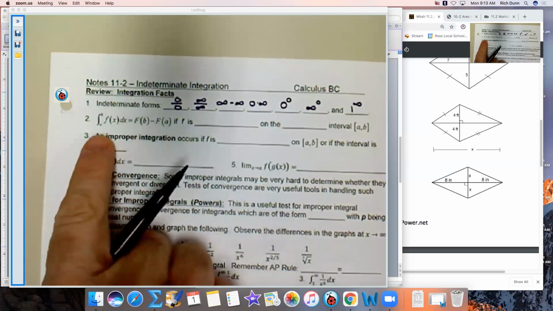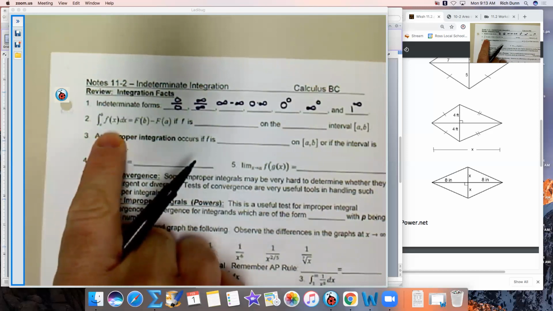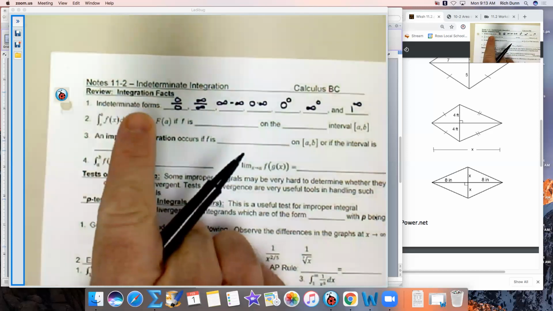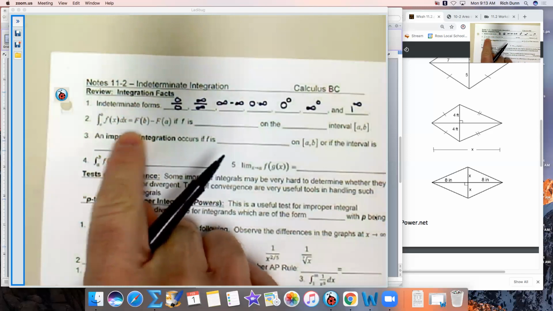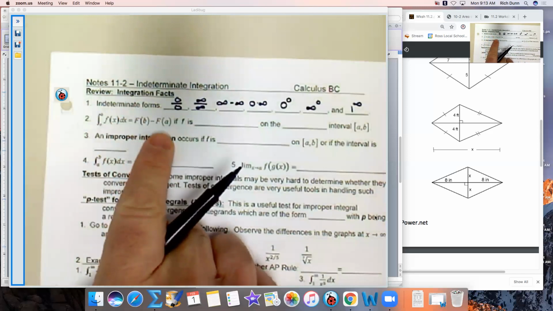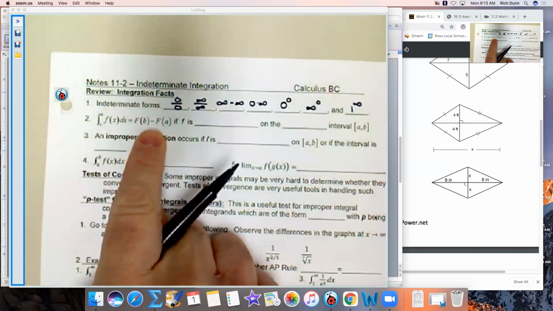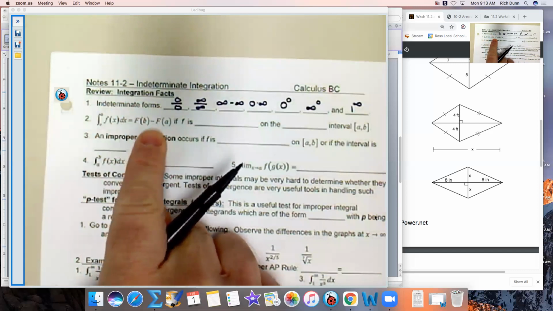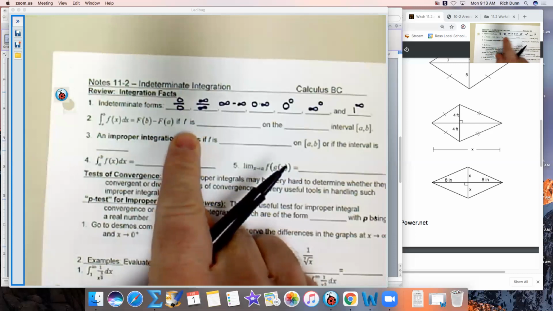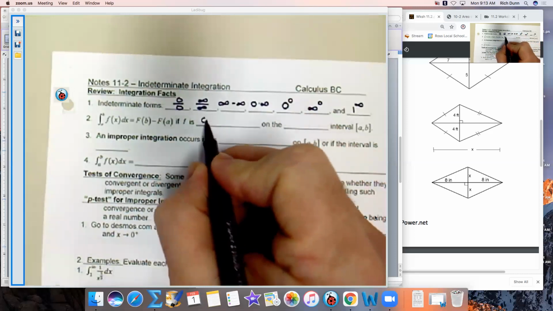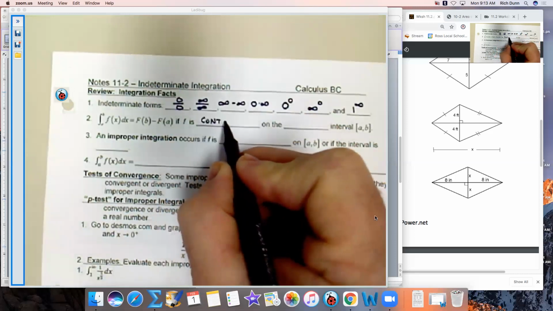As you recall, if I integrate from a to b of some function f of x, we'll take the antiderivative, evaluate that at b, the antiderivative, evaluate that at a, and find their difference. Now, if f is continuous, this will work.